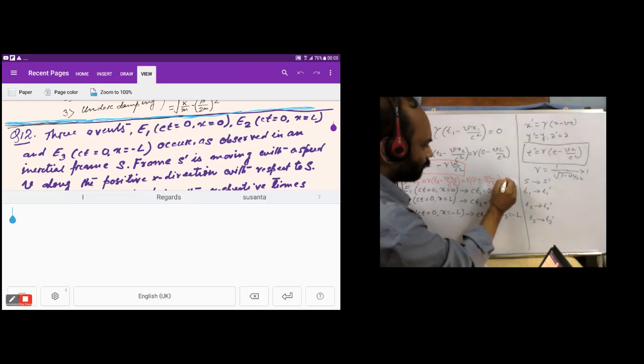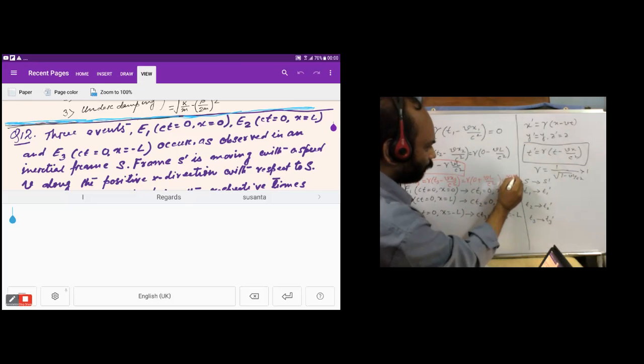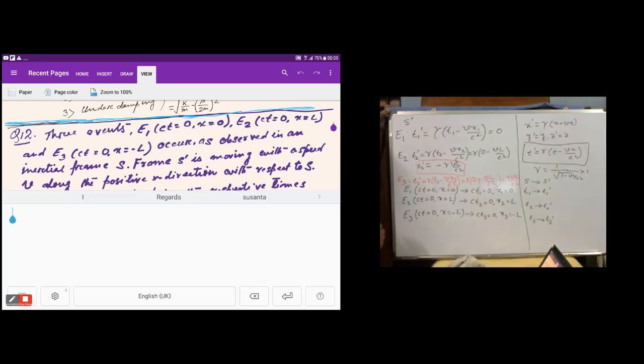So that is gamma VL by C square. So our T1 dash is 0, T2 dash is minus gamma VL by C square, and T3 dash is gamma VL by C square.